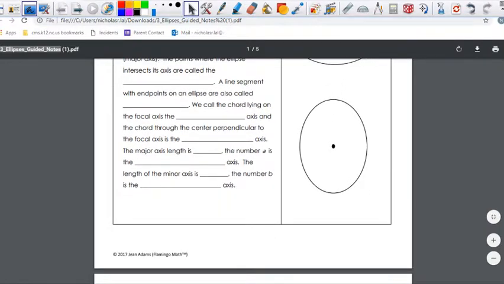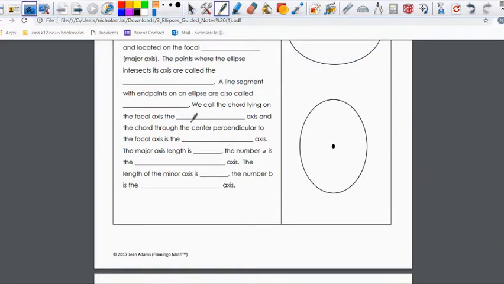After chords, we have a major axis. We call the chord lying on the focal axis the major axis, and the chord through the center perpendicular to the focal axis is the minor axis. The major axis length is 2A.